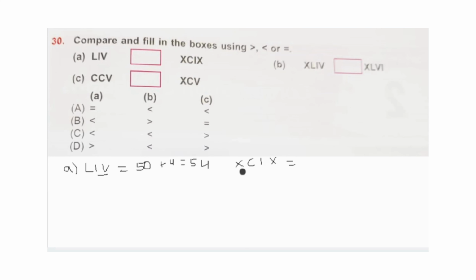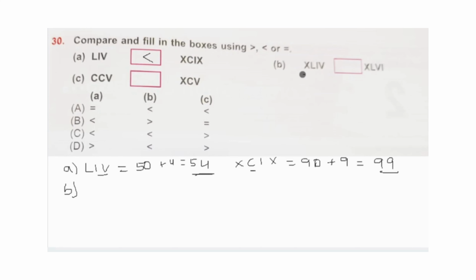Now since X is written before C, C is 100 and X will become, so it will become 90 plus, there is an I before X making it 9. So this value is 99. And now seeing this and this, we know 54 is less than 99.